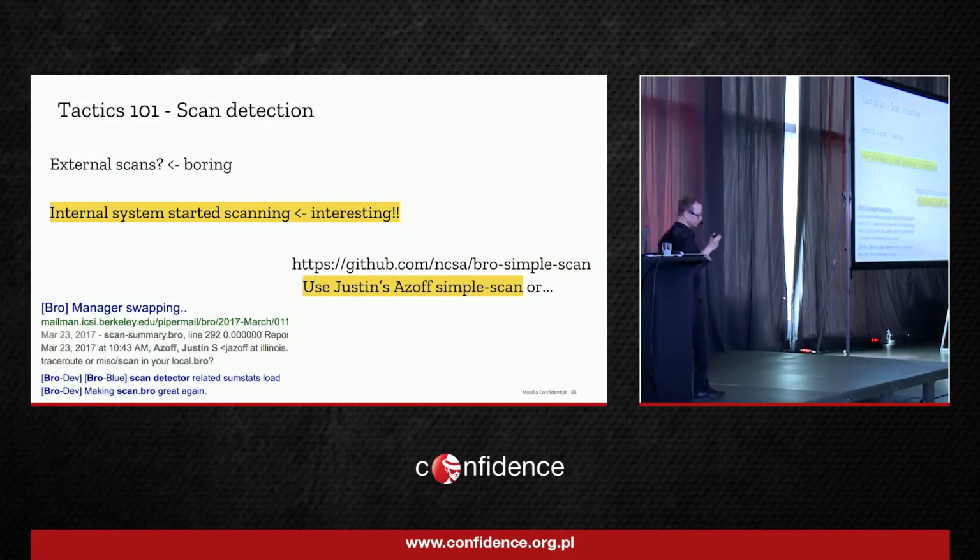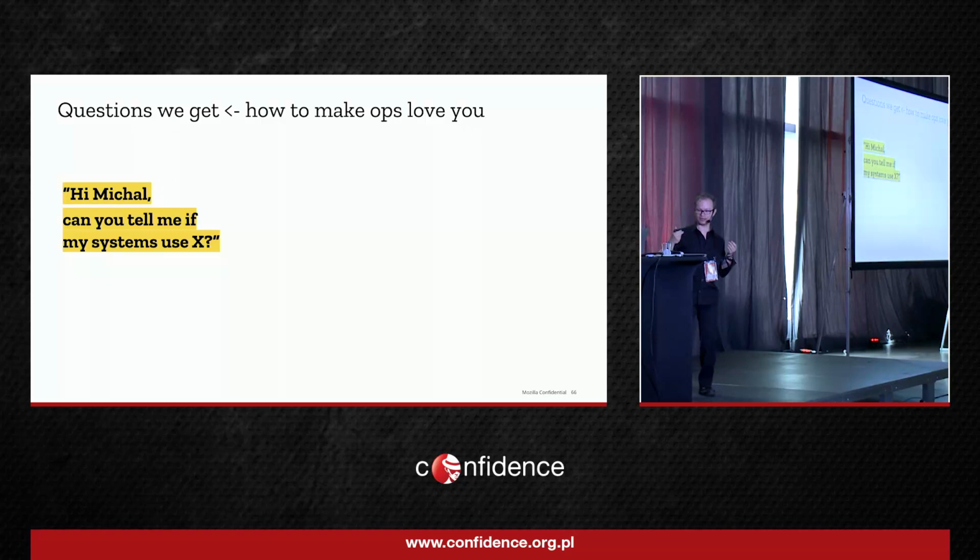Some other things that we do. I want to know when an internal system started scanning the internet. If the internet is scanning us, that's true for every one of you. But I want to know when one of my systems suddenly started scanning my network. Why? And the other thing that I really like is to use NSM for vulnerability management.